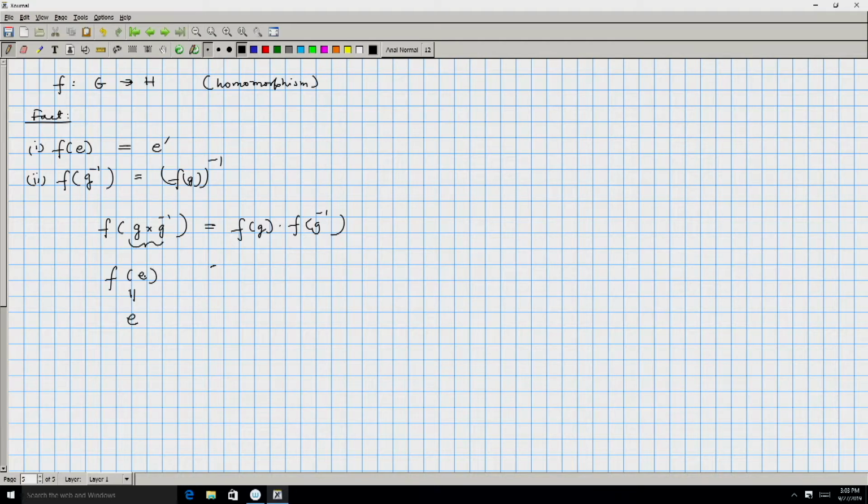Now, e is the identity in G and e prime is the identity in H. So, what we can conclude is f(g) times f(g inverse) is equal to identity in H. So, this is an element of H and this is another element of H. When they multiply we get identity, that means those elements are inverses of each other. So, we can write f(g inverse) is equal to f(g) the whole inverse. So, that basically is fact 2.